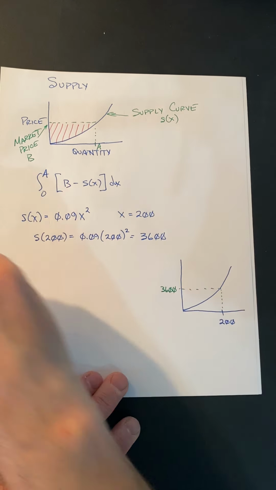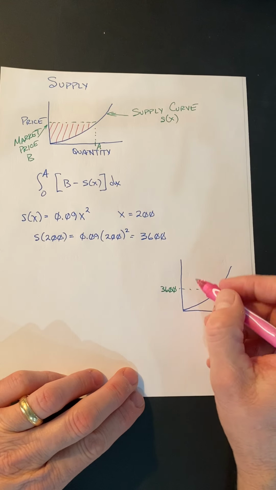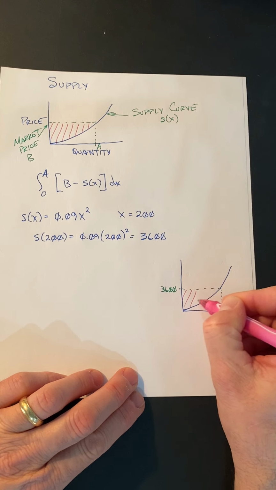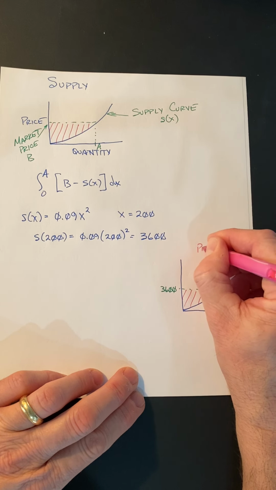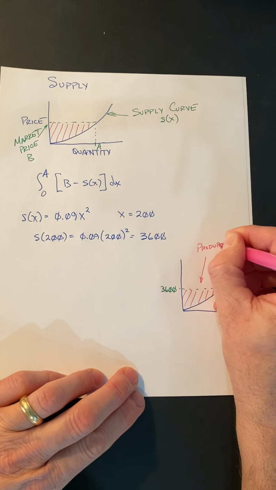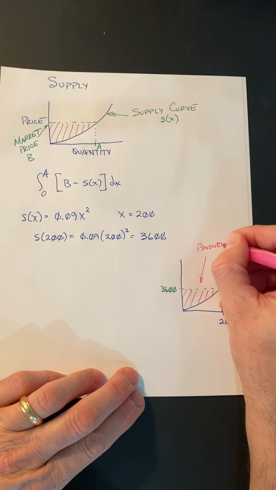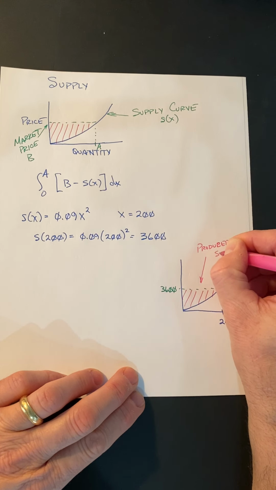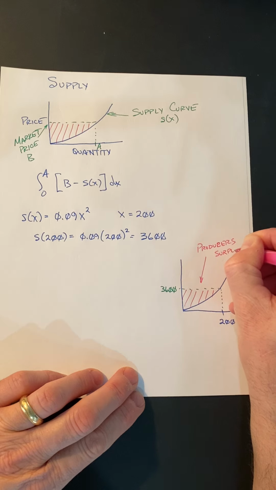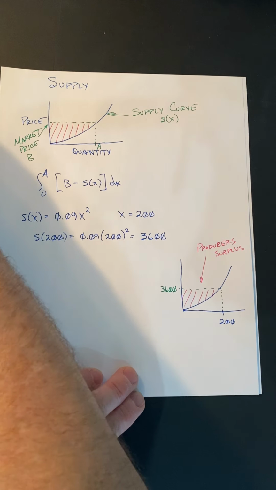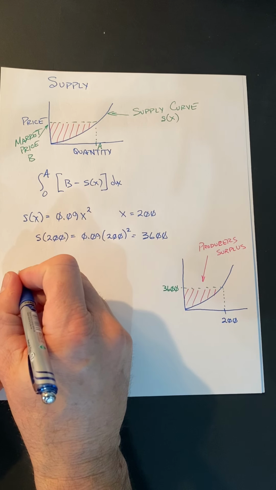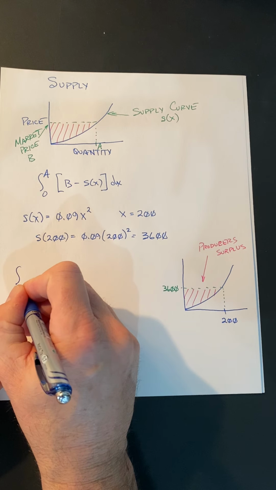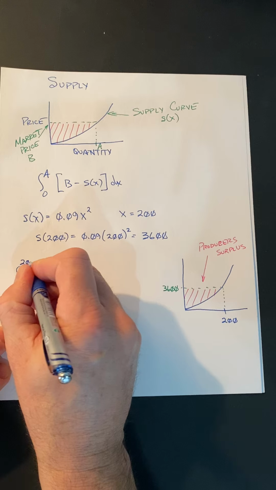So what am I looking for? I'm looking for this area right here, and this will be my producer's surplus. And now I'm ready to go in and do my integration, right? So I'm going to integrate from 0 to 200.